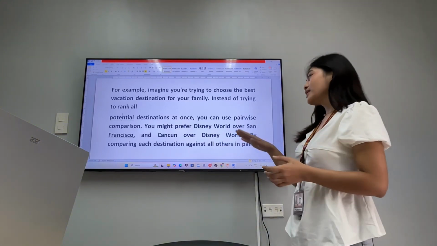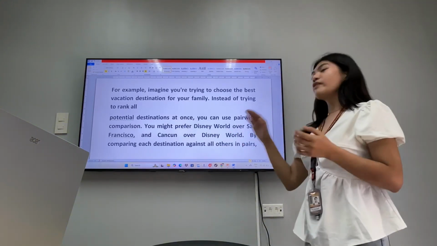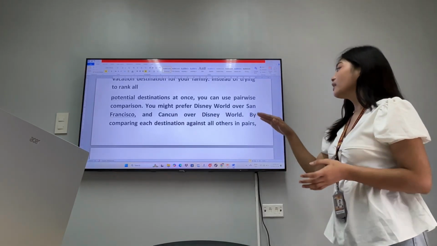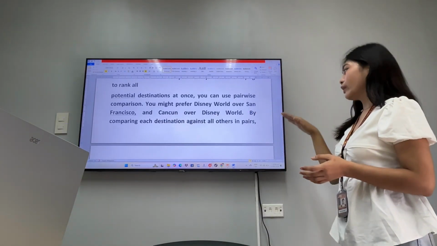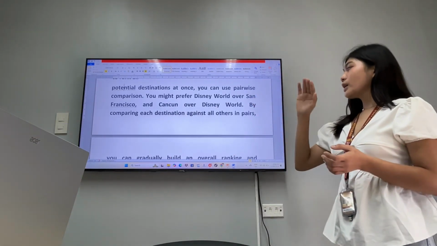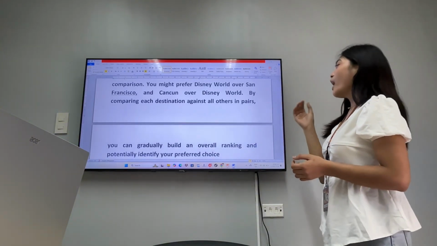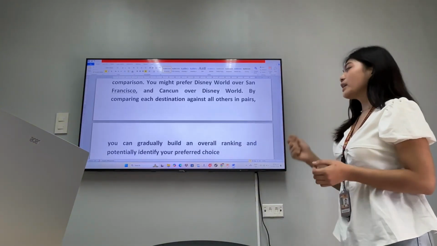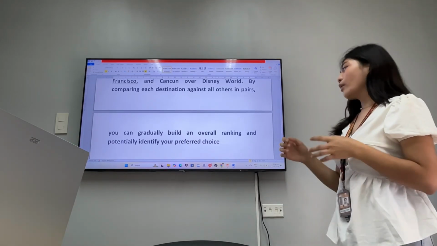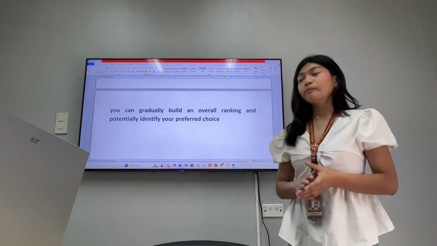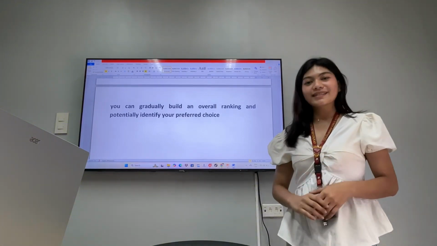You might prefer Disney World over San Francisco, and Cancun over Disney World. By comparing each destination against all others in pairs, you can gradually build an overall ranking and potentially identify a preferred choice. Here's an example.